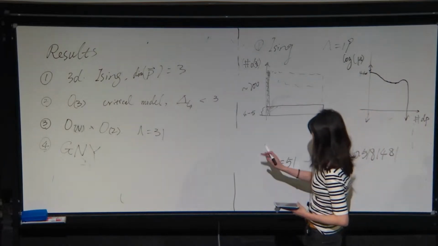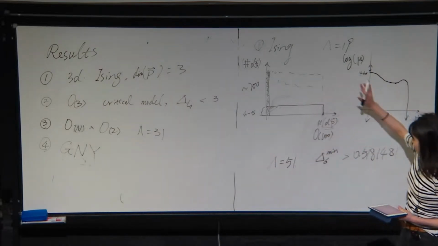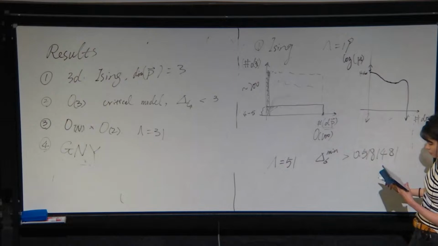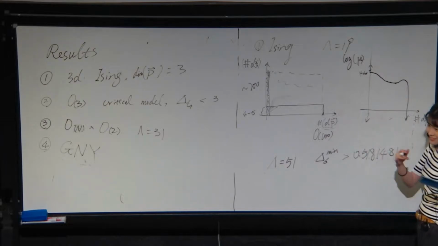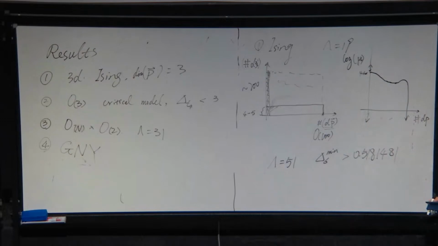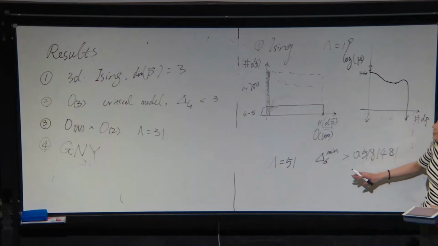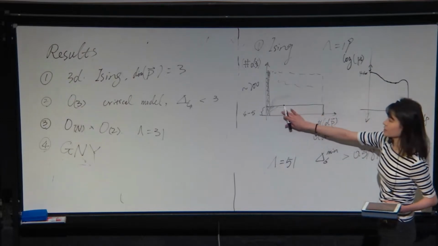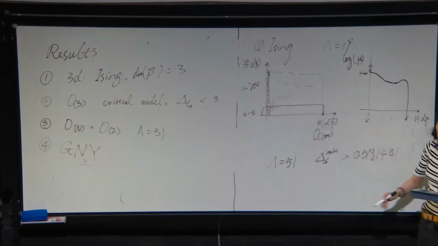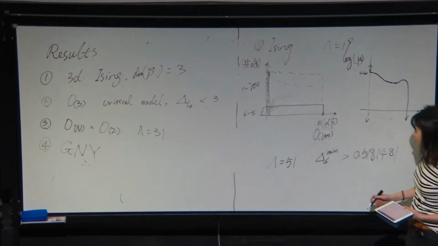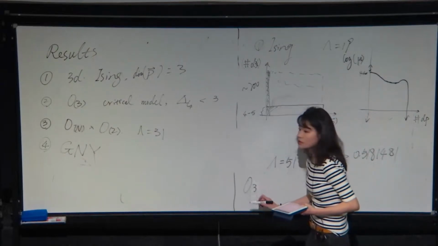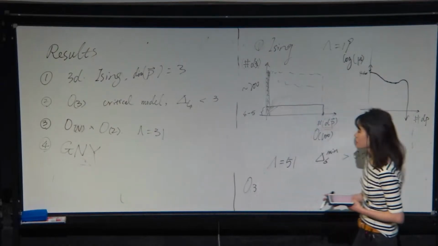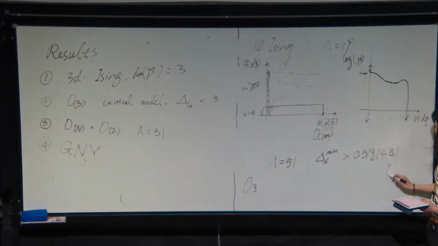That is for the Ising model. I have to be honest, the improvement over the previous result is not huge in terms of the digits, but it's true that we are using much less resources. I think it's the last two digits, 7.5 or 5.7.